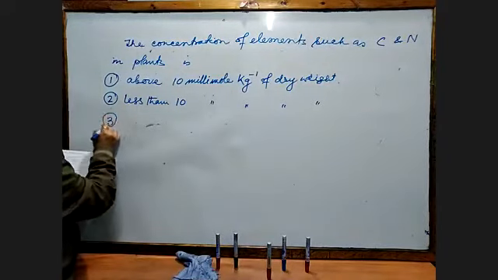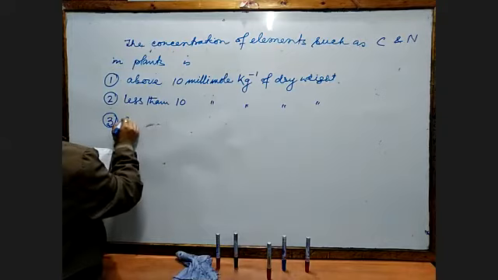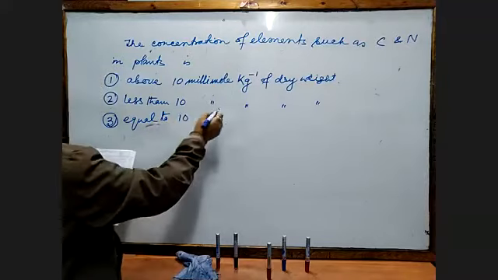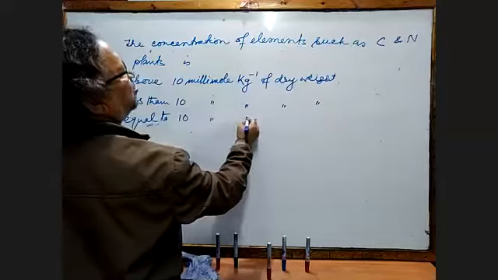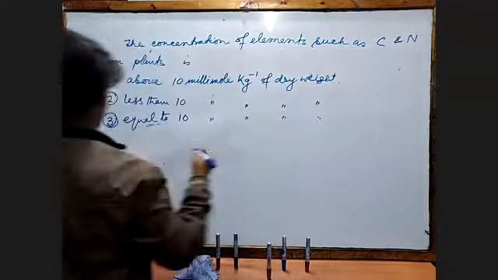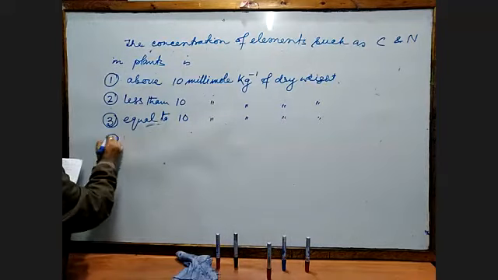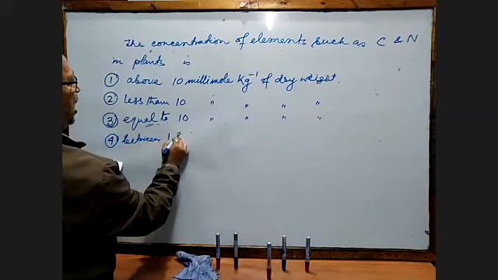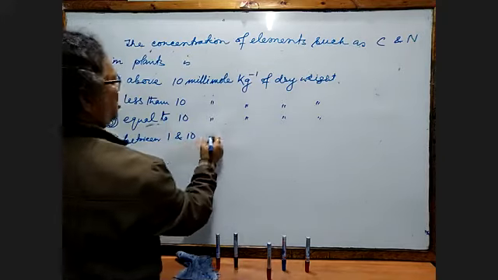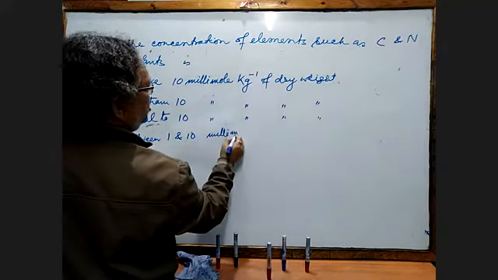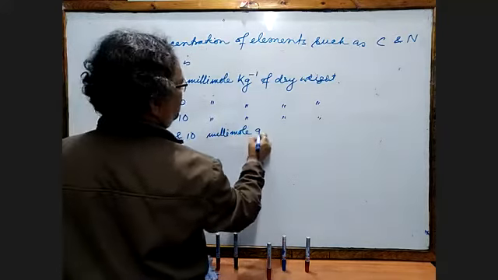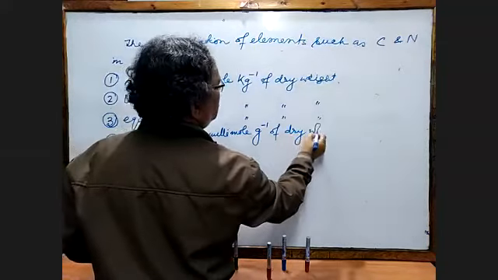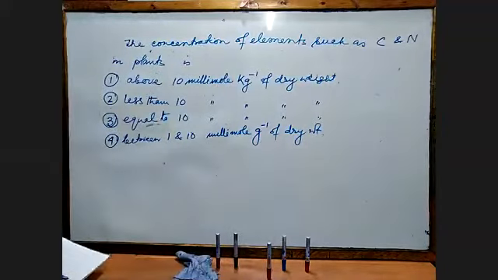Number three, equal to 10 millimole per kg of dry weight, and option 4 is between 1 and 10 millimole per gram of dry weight. Here option number 4 is per gram.